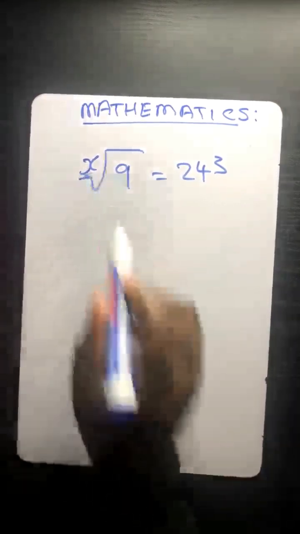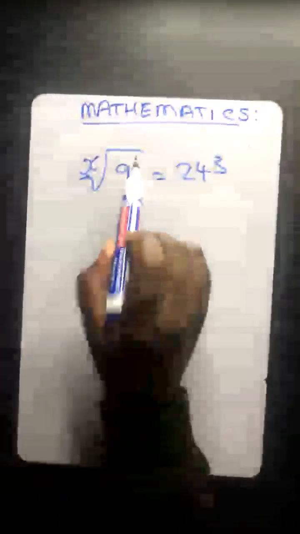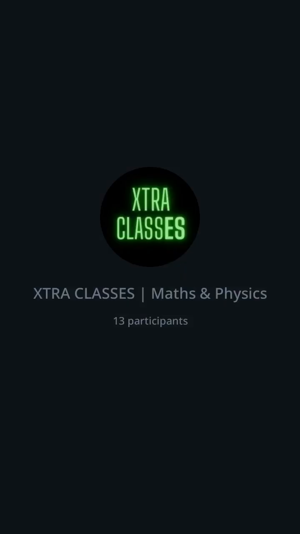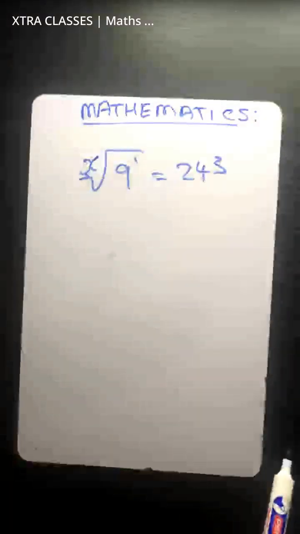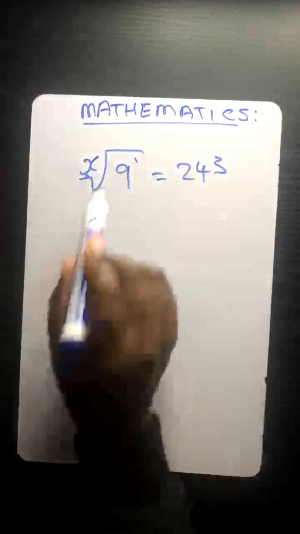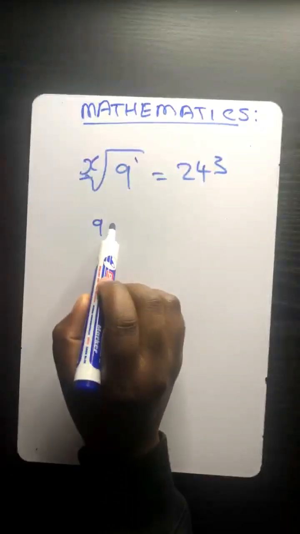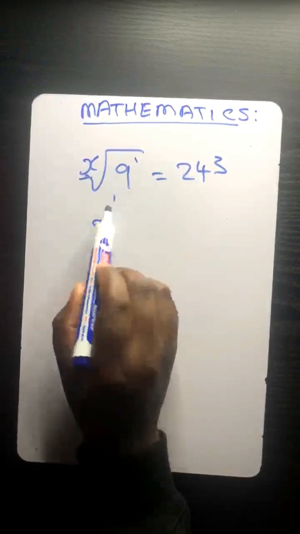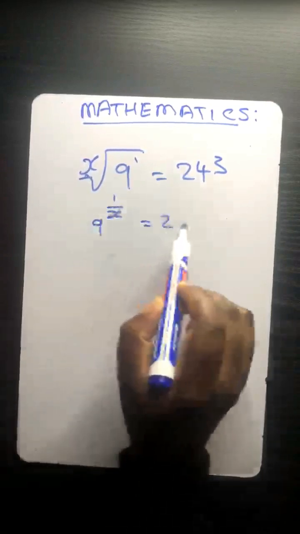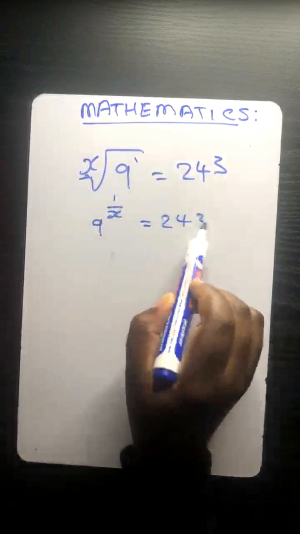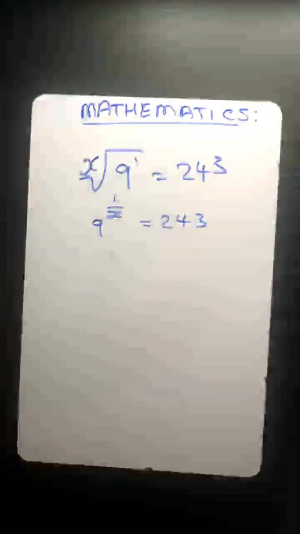When I say you just need to be aware of the basics, you just need to remember something, honorable members. When something is written in this format, remember inside the square root, we've got a base and a power being that invisible 1. Now, that means this can be rewritten as 9 to the exponent 1 over x, which equals 4, 3.